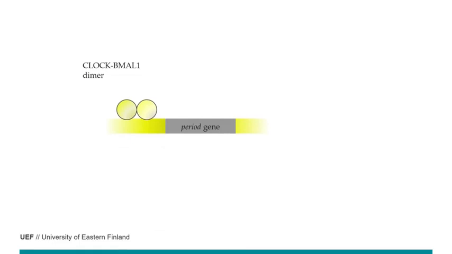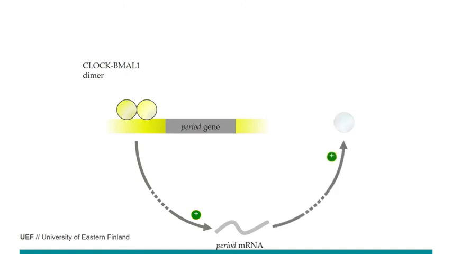And how it works, for example, in vertebrates. The basic idea is that we have proteins that are affecting gene expression. We have proteins like CLOCK and BMAL that are working together to increase the gene activity of this Period gene. And this affects that, okay, now from this gene we have messenger RNA, from which we will have PER proteins.